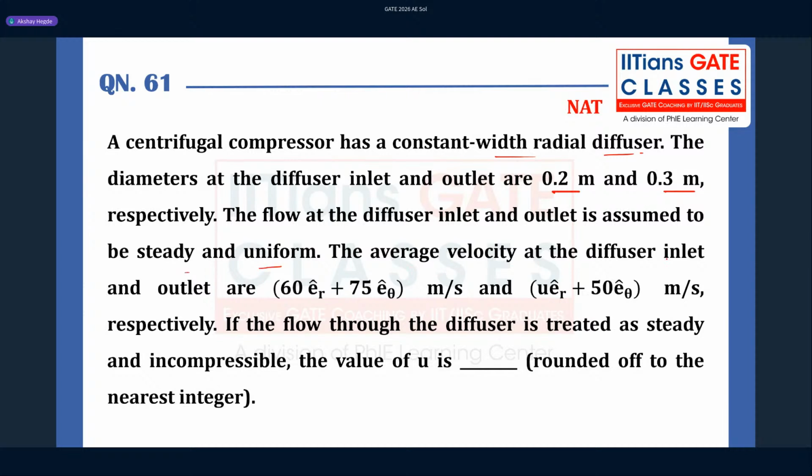The average velocities at the diffuser inlet and outlet are given in vectorial form: radial velocity 60 meter per second and tangential velocity 75 meter per second at the inlet, and at the outlet an unknown radial velocity and tangential velocity of 50 meter per second, respectively. If the flow through the diffuser is treated as steady and incompressible, we have to calculate this radial velocity at the exit, rounded off to the nearest integer.